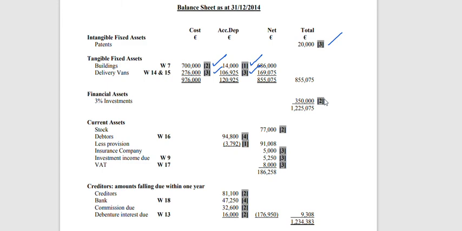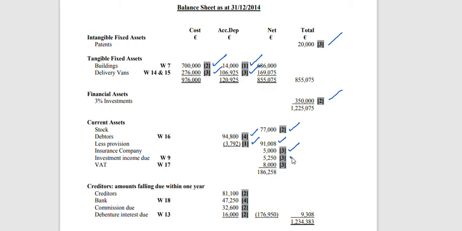Investments comes from the trial balance. Stock, note 1. Debtors minus provision, make sure you write it in exactly like it is there. Insurance company compensation, that was in the notes, note 4.